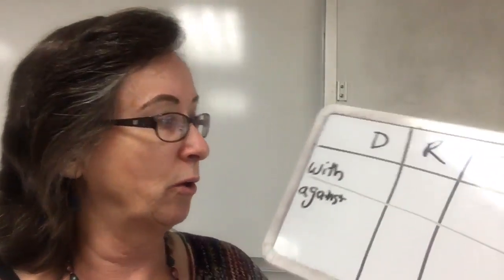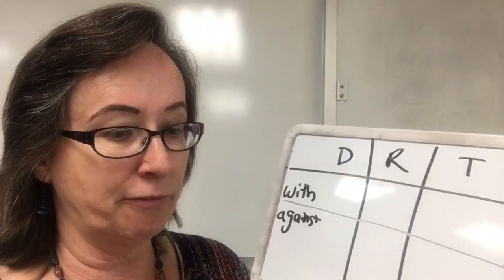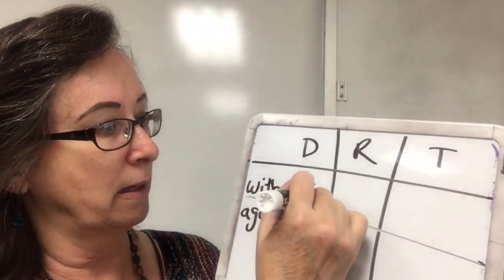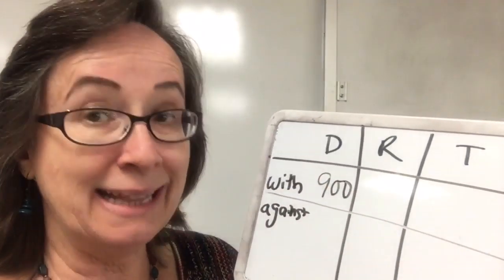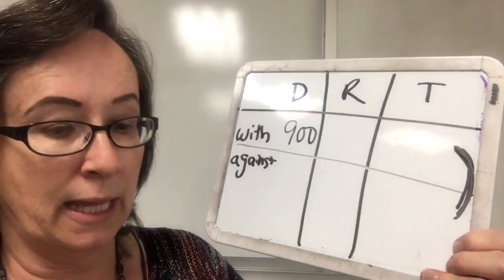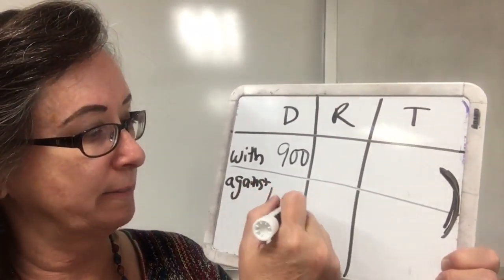Okay, so here we've got, as I read it again, the plane can fly 900 miles with the wind, and in the same amount of time, so again, these two t's are going to be the same, as it can fly 600 miles against the wind.